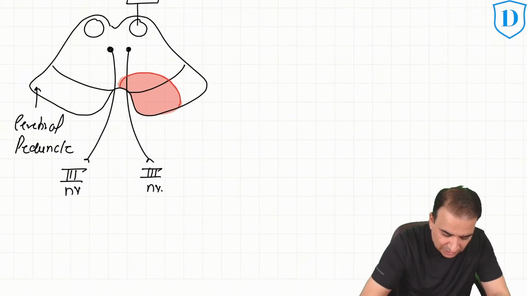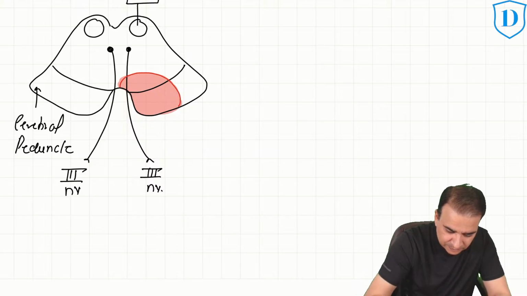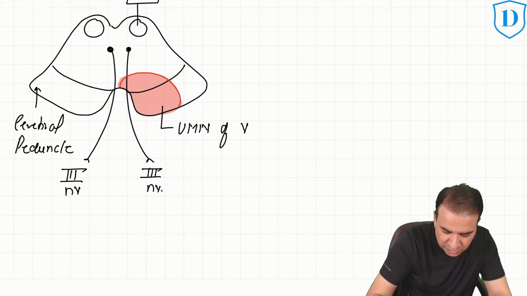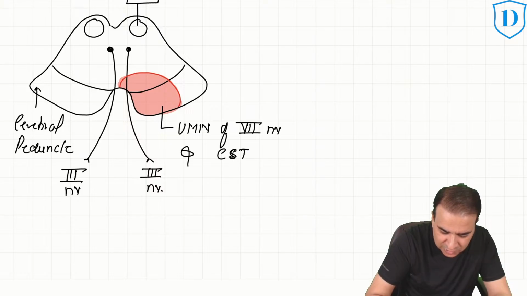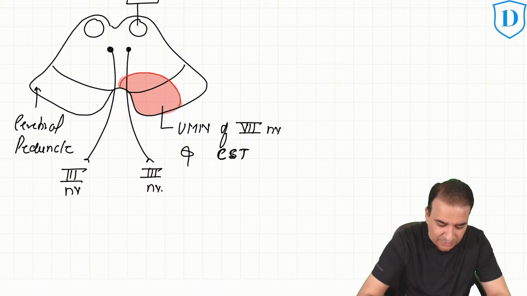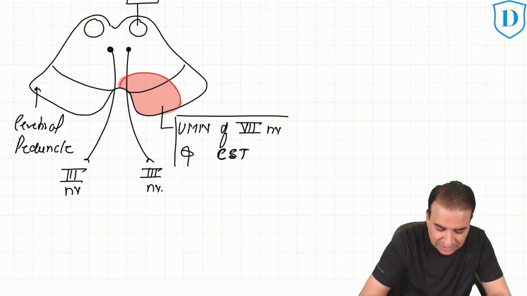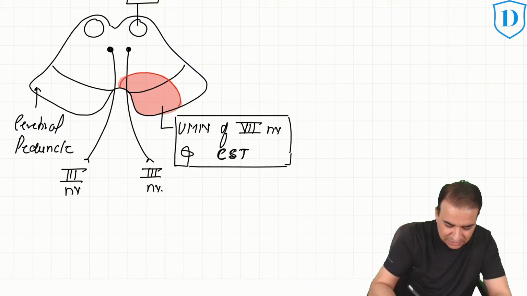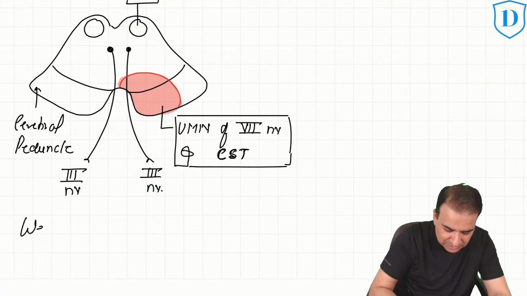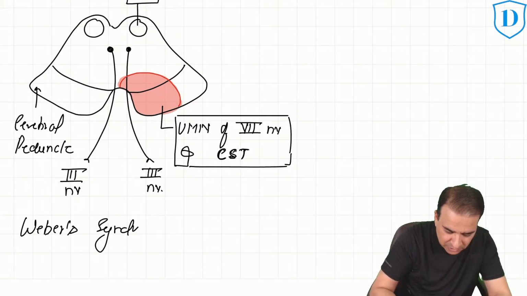Along with the third nerve, in this area you will see upper motor neurons of the facial nerve, and the corticospinal tract, or pyramidal tract, particularly where we have this. That is why the syndrome you're looking at right now is Weber's syndrome.